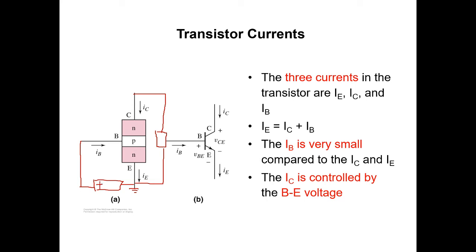The emitter part is connected to the ground, so you put negative. And then for the collector and emitter biasing, you refer to your emitter. The emitter is N type, so you connect to the negative. So the collector is positive.